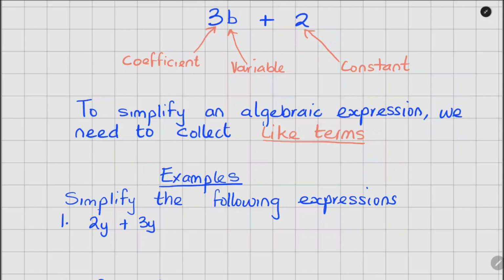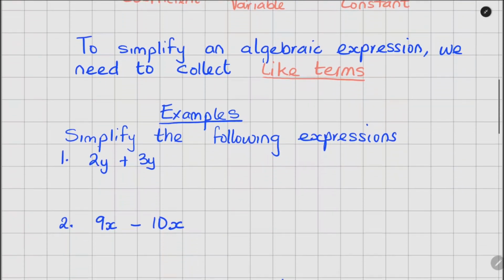So if the variable is, say, b, a like term will be any other term in an expression that has just the variable b. If it is a combination of variables, say x, y, a like term will be another term in the same expression that has the same combination of x and y. Not to worry, we're taking a few examples now.